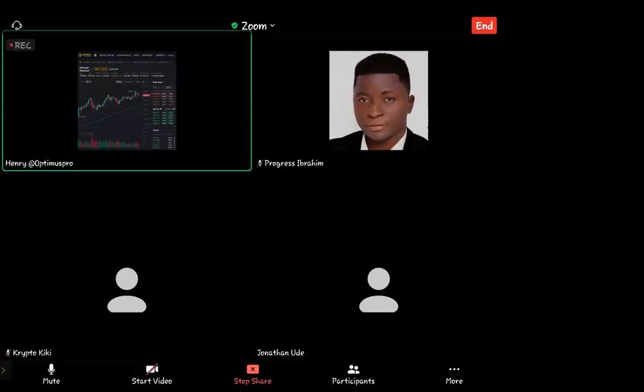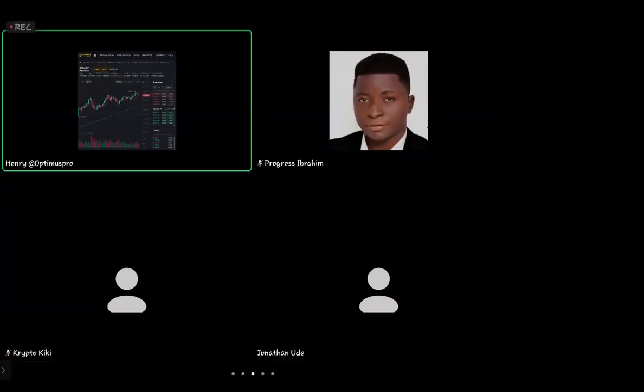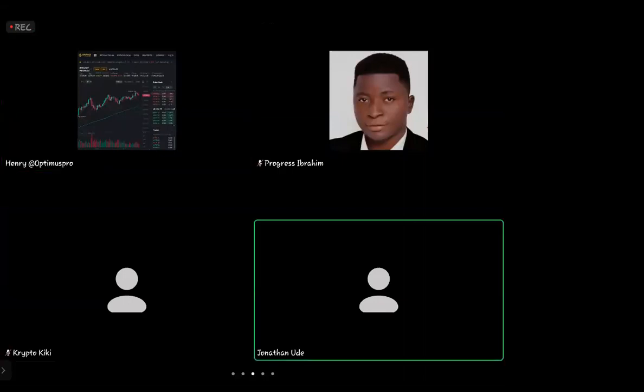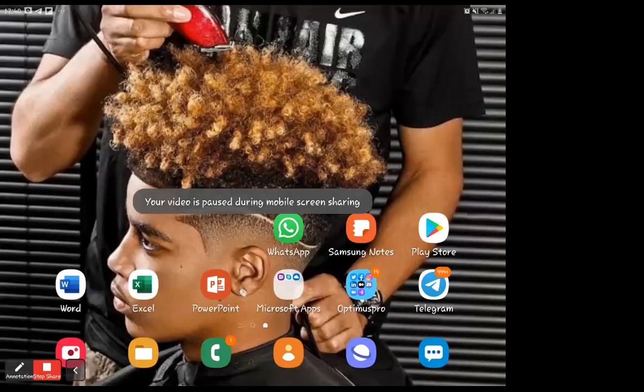Can I ask a question, please? Oh, okay, go on. Taking the hourly time frame, for instance, since each candlestick represents an hour, and it can be red or green.